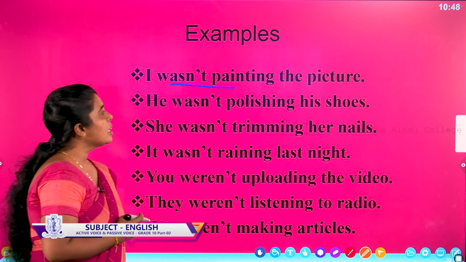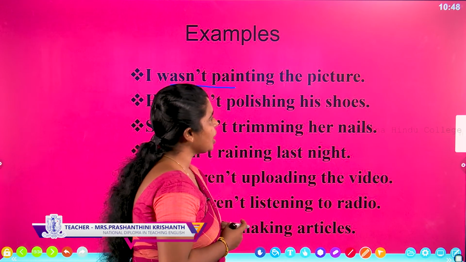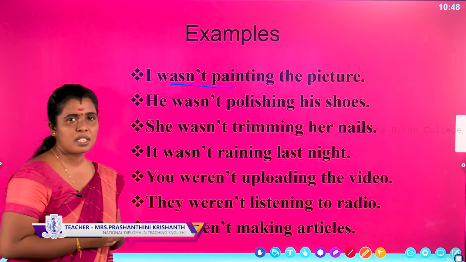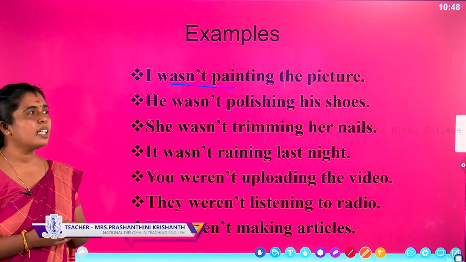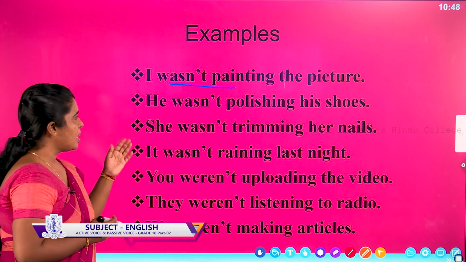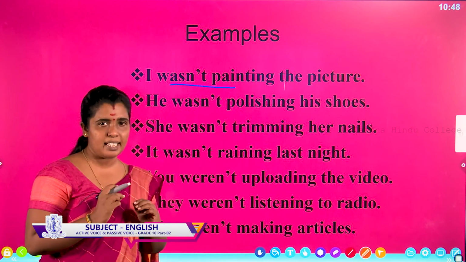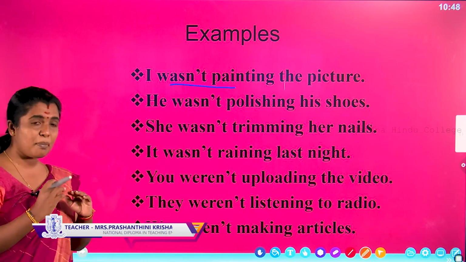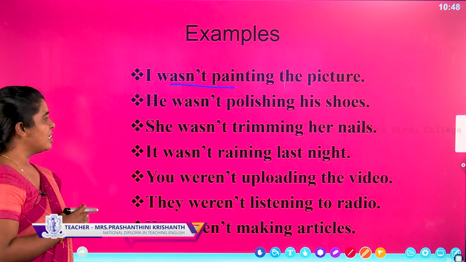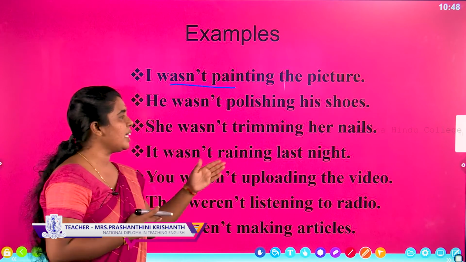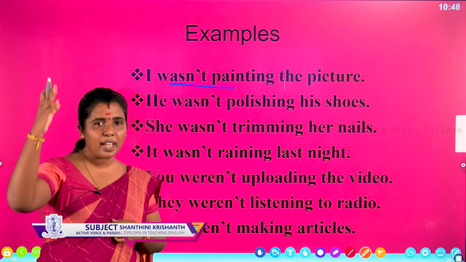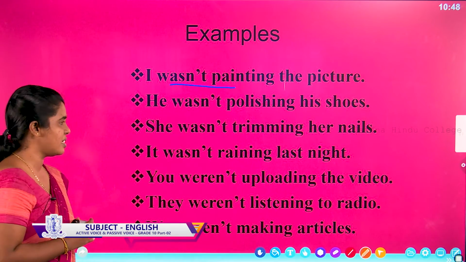Number 2, he wasn't polishing his shoes. He wasn't polishing his shoes. Number 3, she wasn't trimming her nails, right? She wasn't trimming her nails. It wasn't raining last night. Okay, it wasn't raining last night.